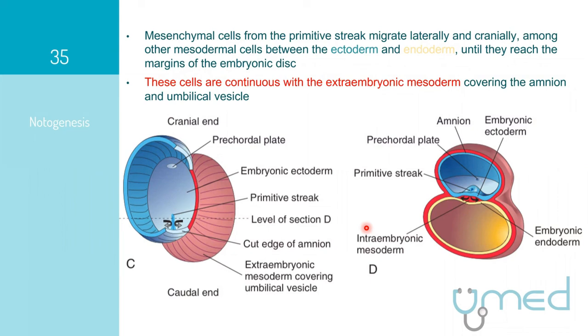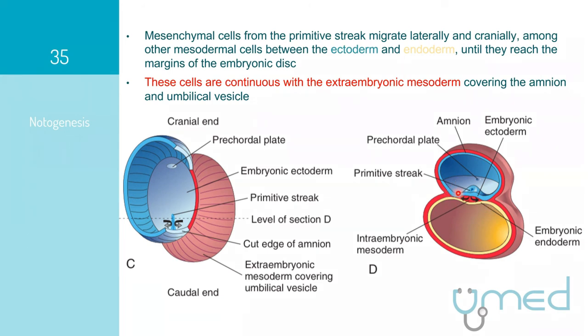So these mesenchymal cells from the primitive streak migrate laterally and cranially. Remember that previous diagram. They migrate laterally and cranially amongst other mesodermal cells between the ectoderm and the endoderm until they reach the margins of the embryonic disc. So this here will be one margin and this here will be the other margin.